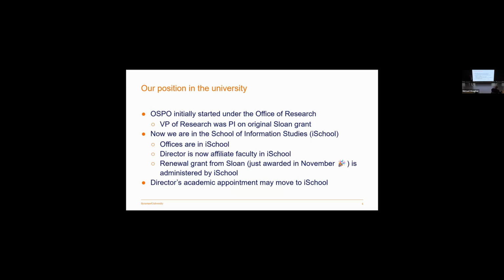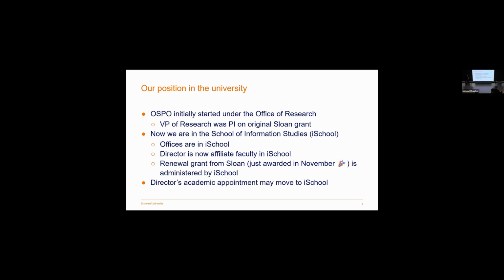Initially we were under the Office of Research. This was because the Vice President of Research was the PI on that initial grant. But we quickly realized a better fit for us was to be in our School of Information Studies, or iSchool. And so we're now physically located there. That's where our offices are. I'm now an affiliate faculty in the iSchool. I should mention I'm actually a research professor in physics as my academic appointment.